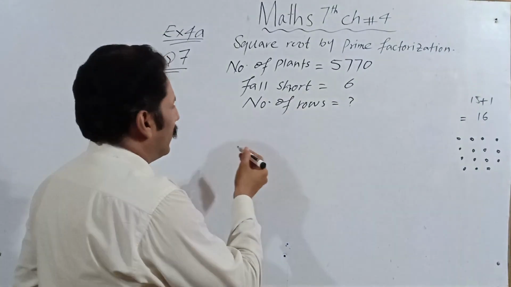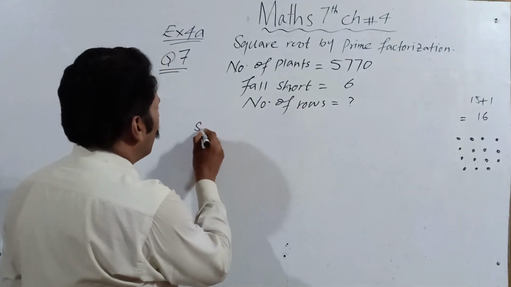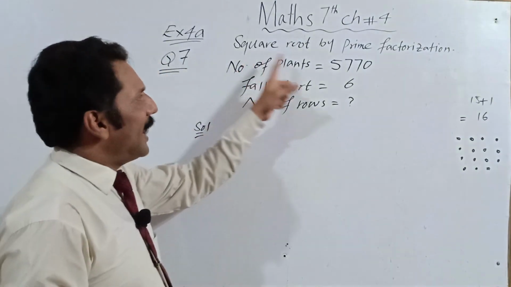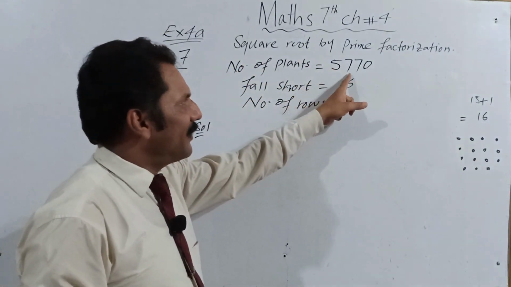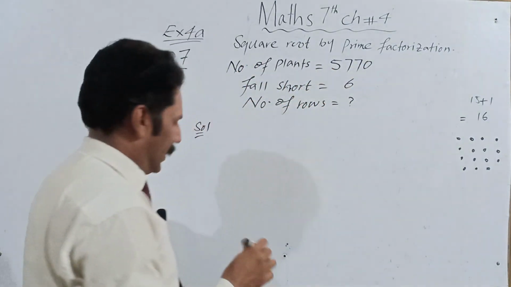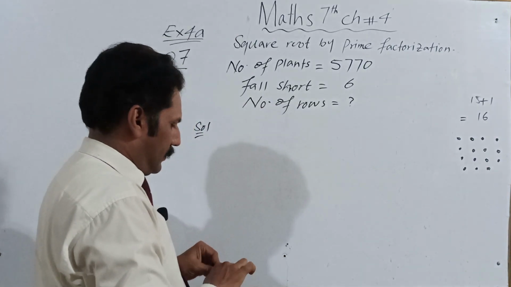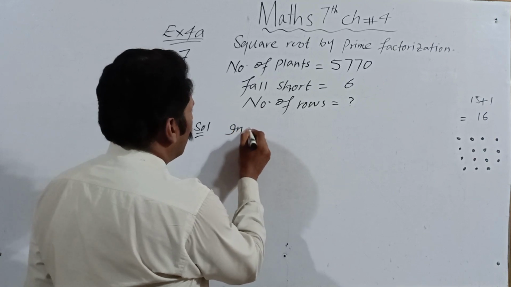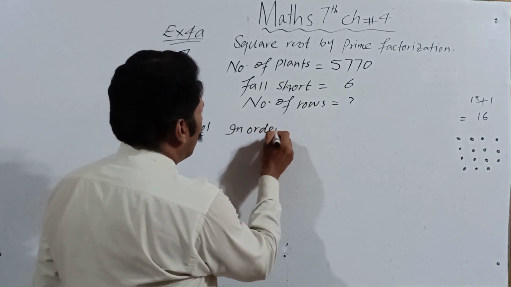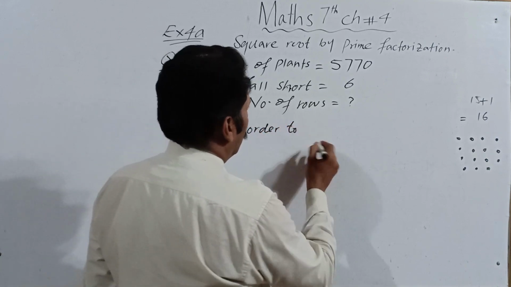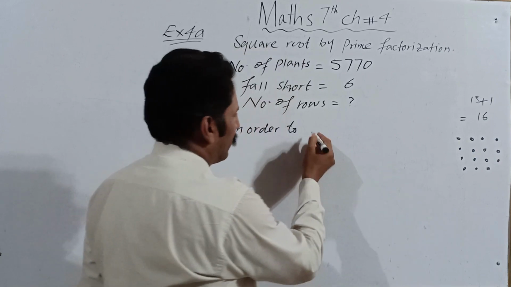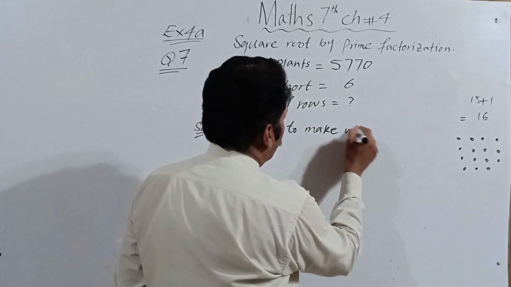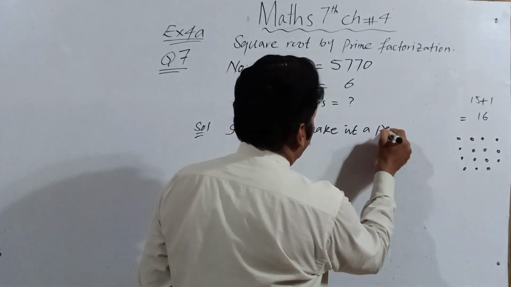Okay, what will we do? We will add this 6 into 5770, in order to make it a perfect square.